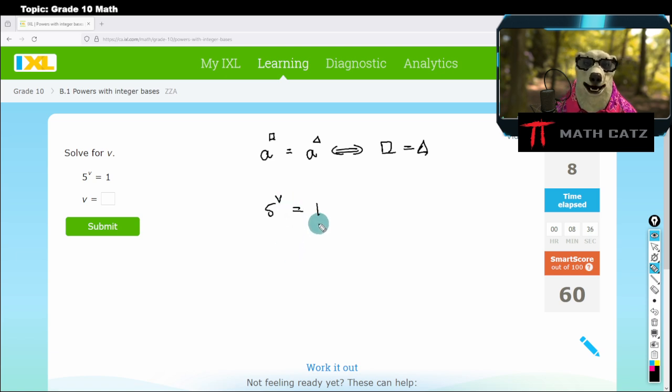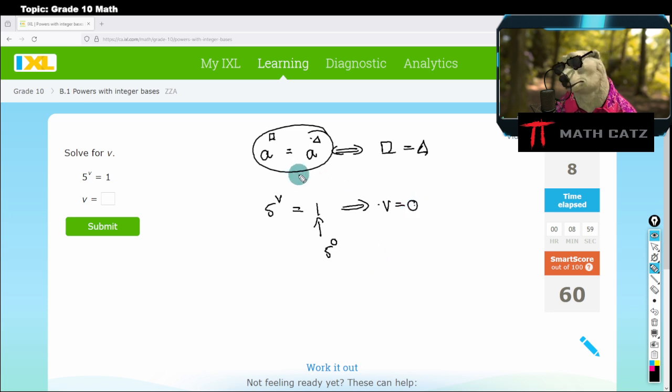For this level, I have to write this as 5 to the power of something. And based on my previous experience, I know that 5 to the 0 will be 1. And now I have this situation over here, and I can conclude that the v has to be a 0. But it's important to know which properties I am using and building on.